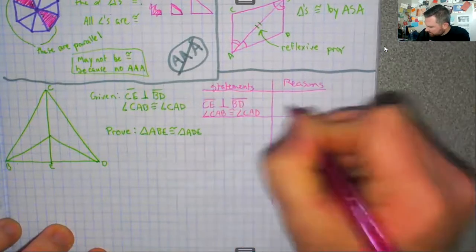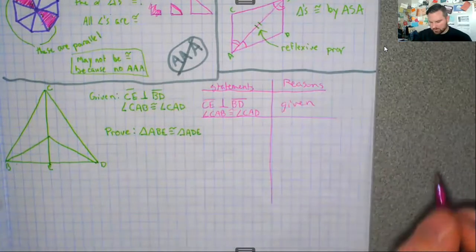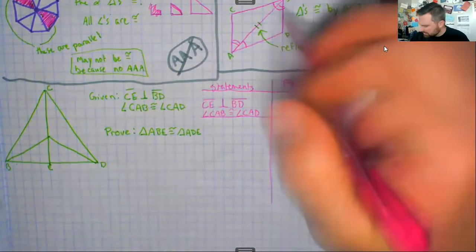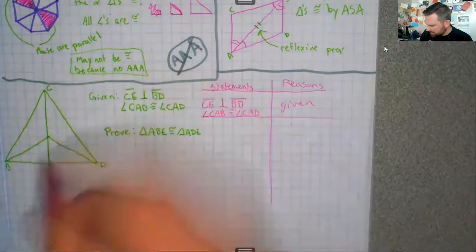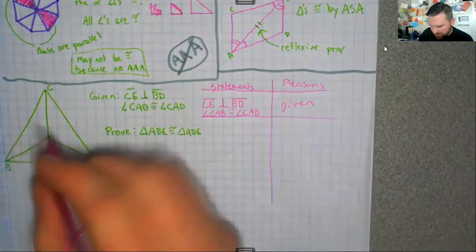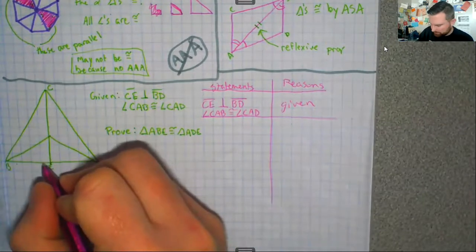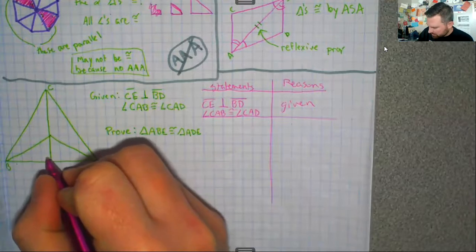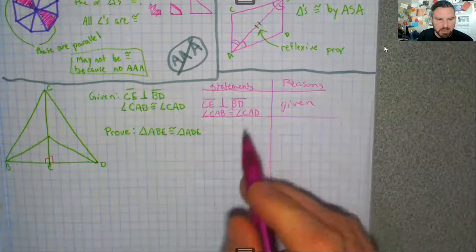And that's given. So what I like to do is we'll take this information and put it on our picture. So CE right here is perpendicular to BD. So what that does is that creates a 90-degree angle here. Okay. So what I want to do is I don't have anything over here with a 90-degree angle.